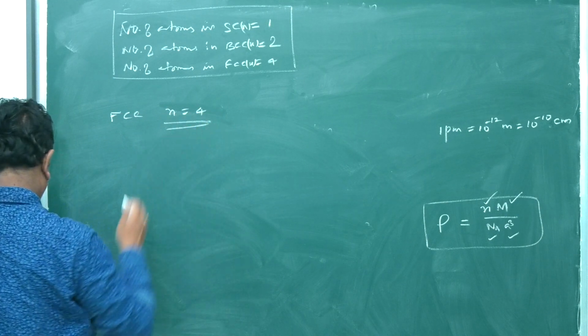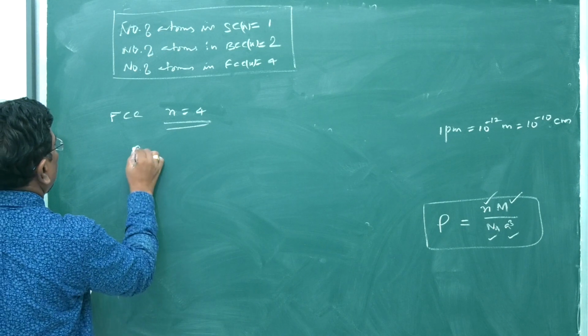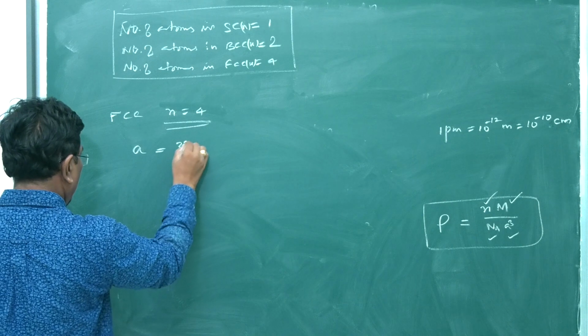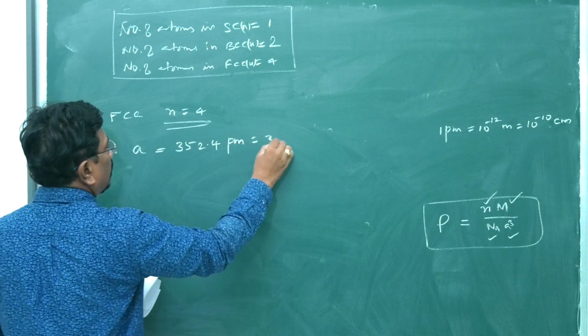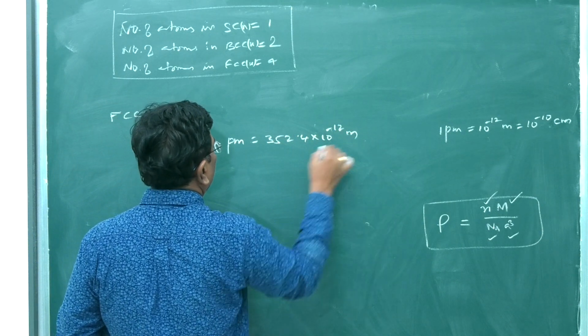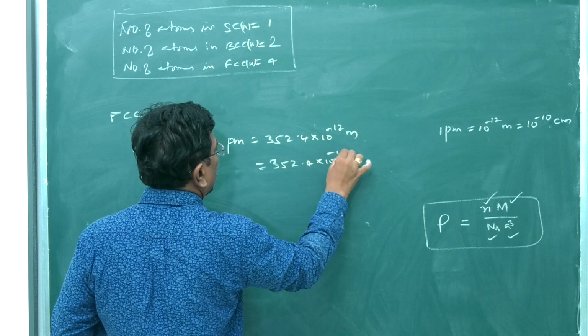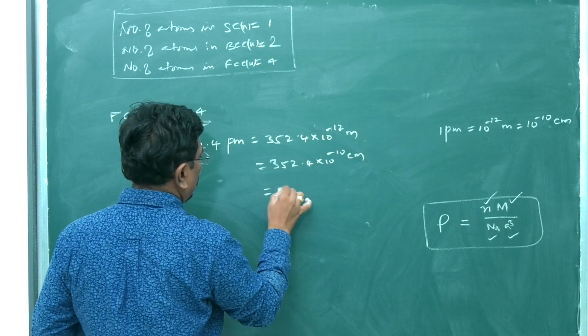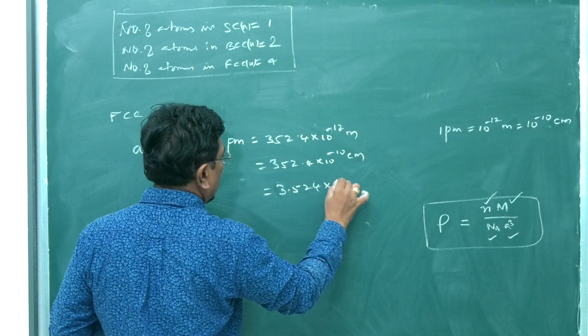Then the edge length, A, is equal to 352.4 picometer, which is equal to 352.4 into 10 power minus 12 meter, which is equal to 352.4 into 10 power minus 10 centimeter, which is equal to 3.524 into 10 power minus 8 centimeter.